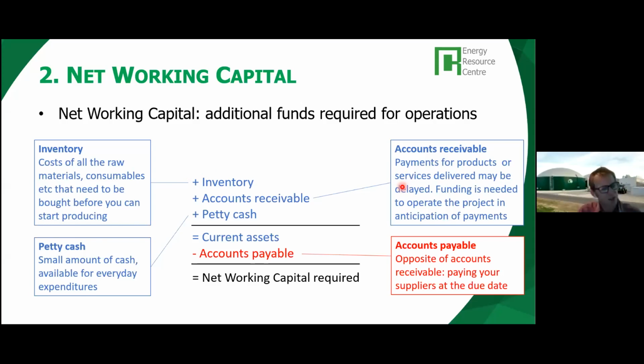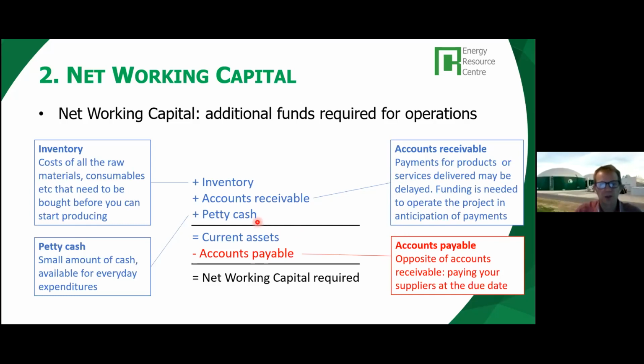Accounts payable being exactly the opposite. Let's say all bills that you have to pay, you don't have to pay them immediately, but you have a certain due date. So instead of paying immediately, similar to your own clients, you can say, well, we pay them after a month, after 2 months, depending on what is agreed with the supplier.